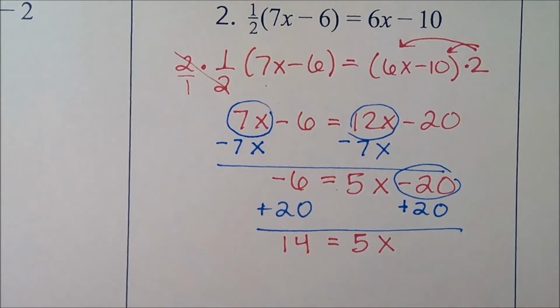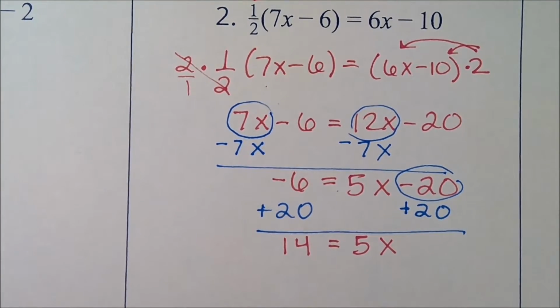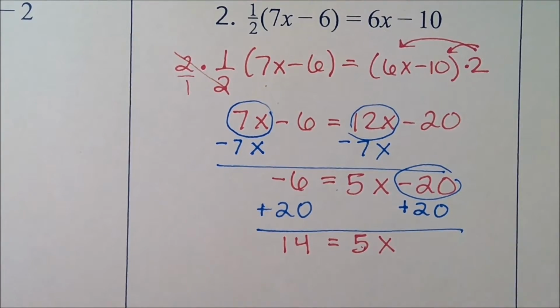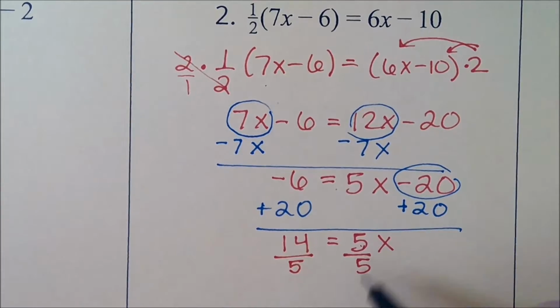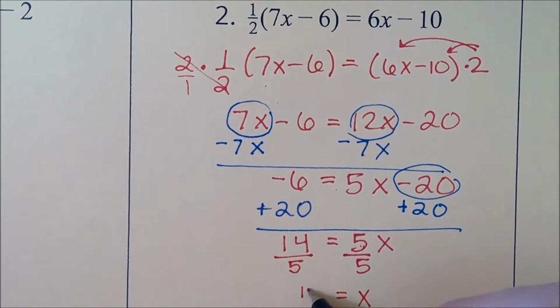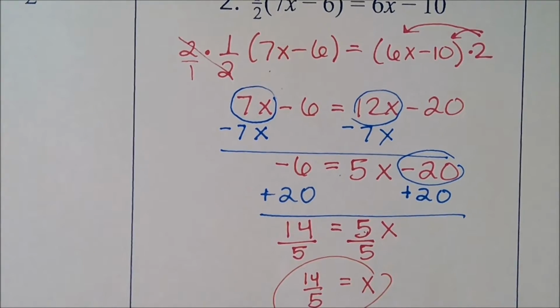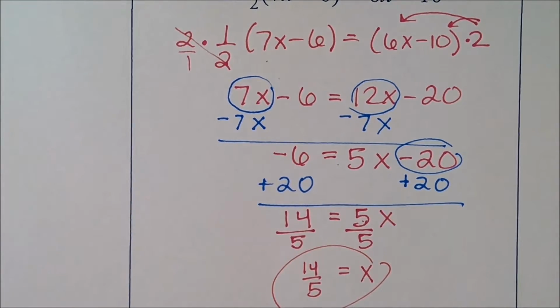I'd want to take those 5 x's and group them in 5 groups, because if I group the 5 x's into 5 groups, then I have 1 x in each group. Well, if I break this side into 5 groups, I've got to break the other side into 5 groups. And I get x equals 14/5.